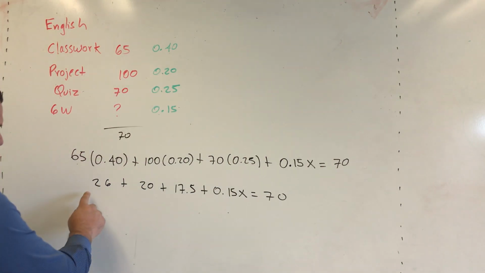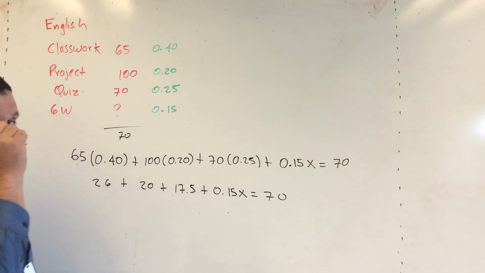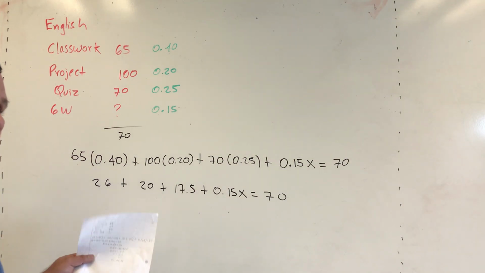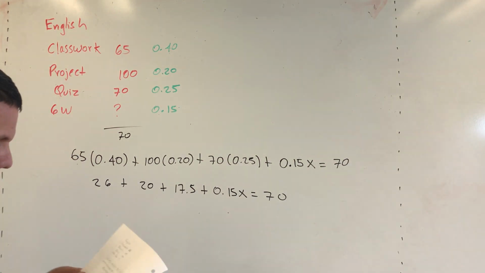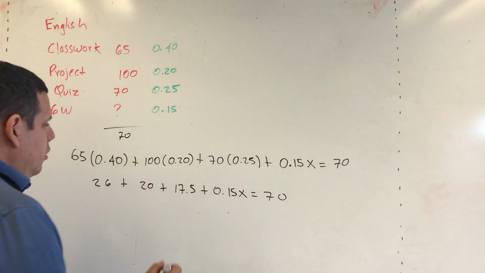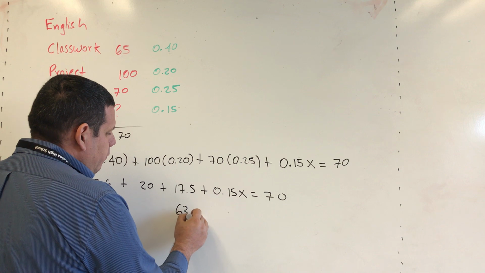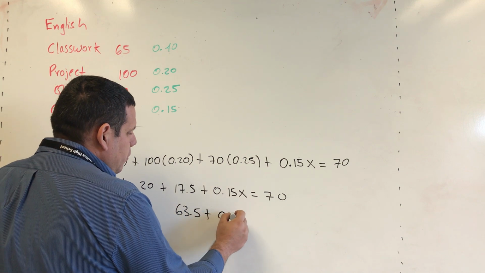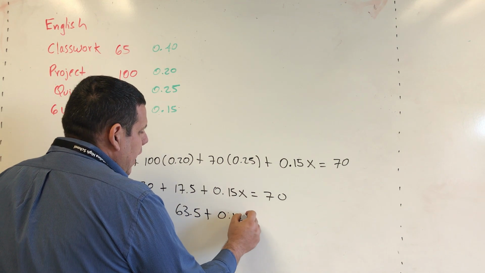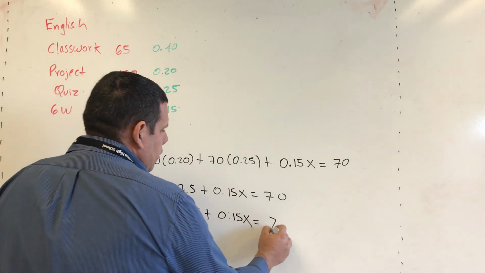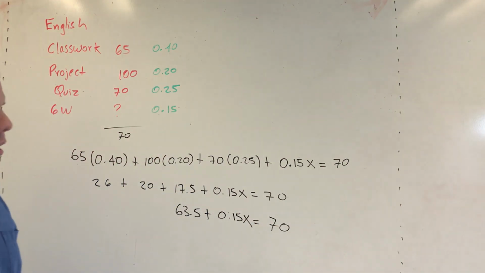As you can see, these numbers are like terms, so you can group them together by means of one addition. So when you add this plus this plus this, you get 63.5, and you continue keeping the 0.15x, okay, equals 70.